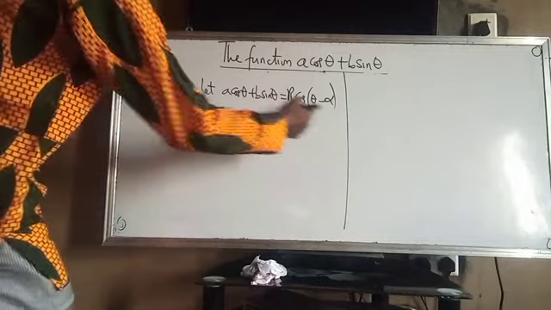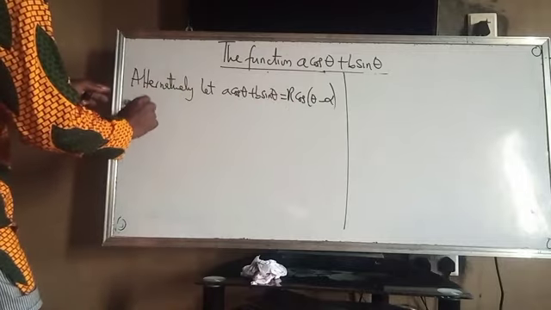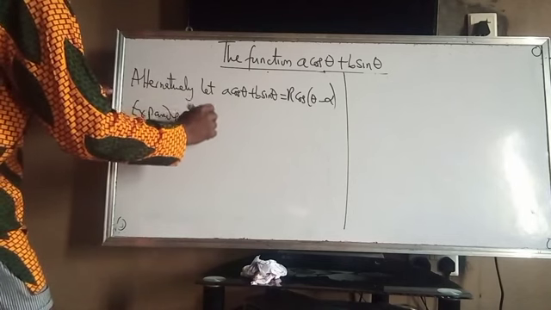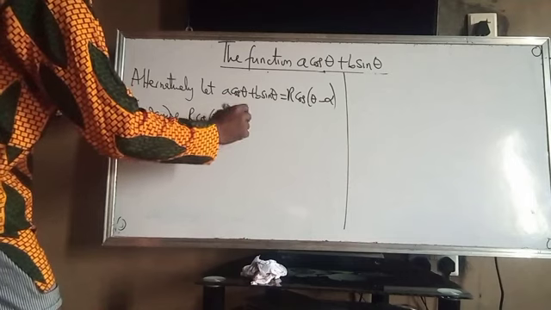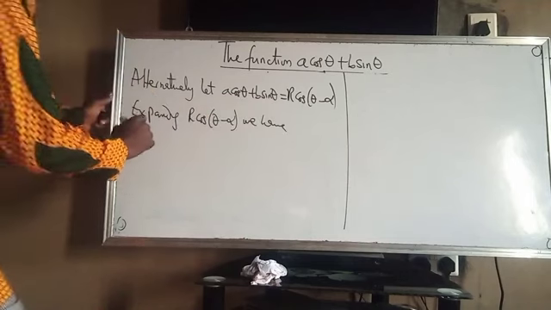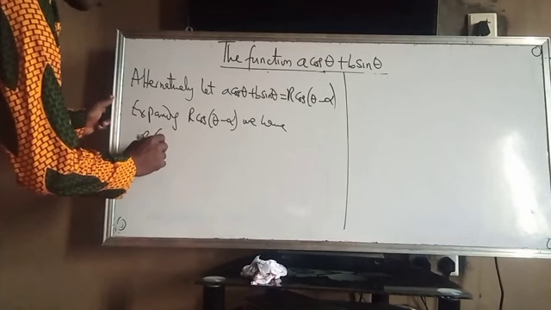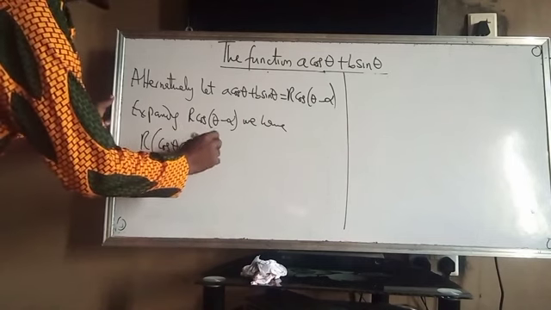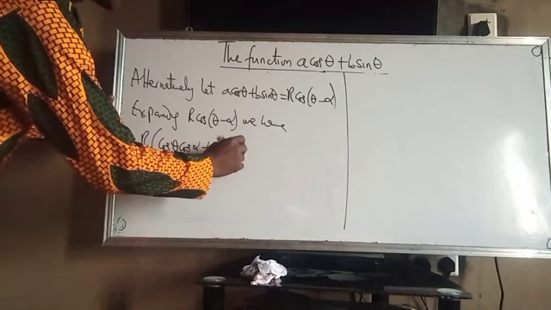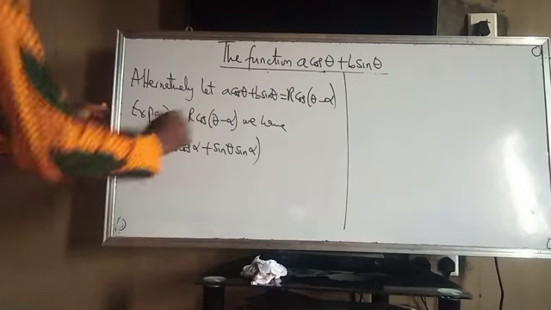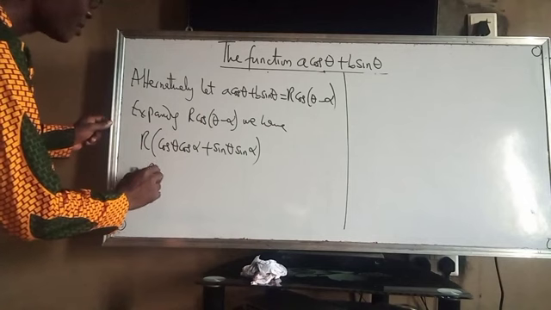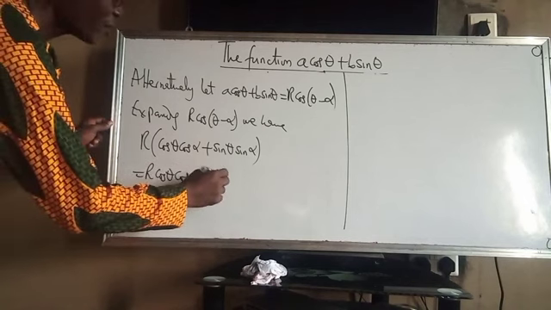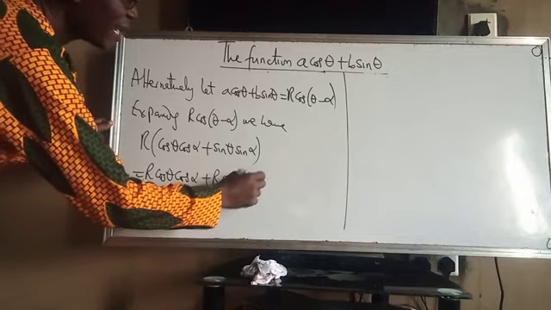So now, expanding r cos theta minus alpha, we have r into cos theta cos alpha plus sine theta sine alpha. By the time I expand that, I have r cos theta cos alpha plus r sine theta sine alpha.